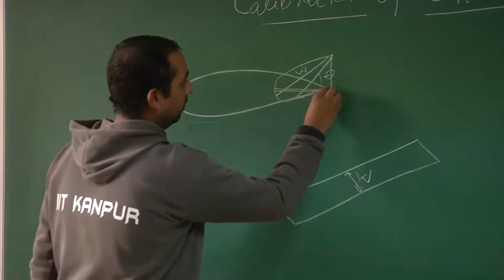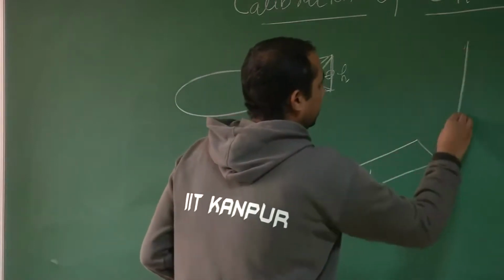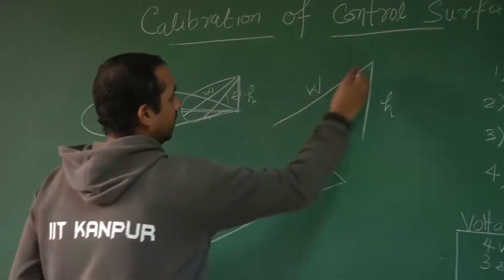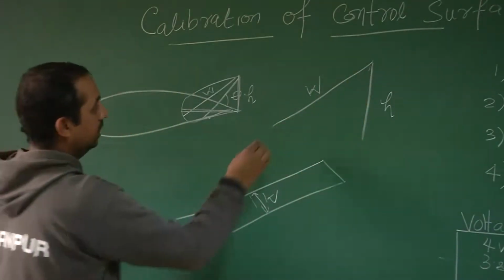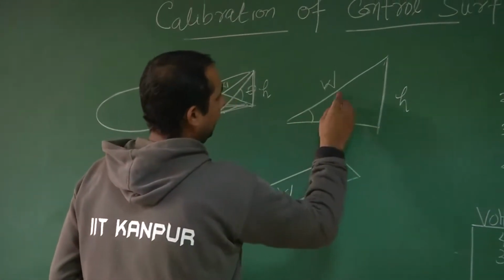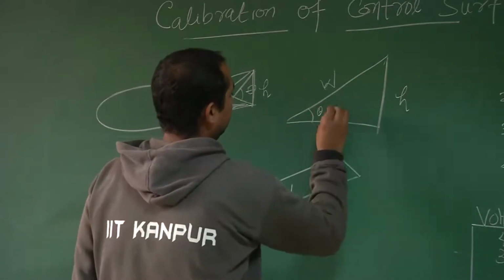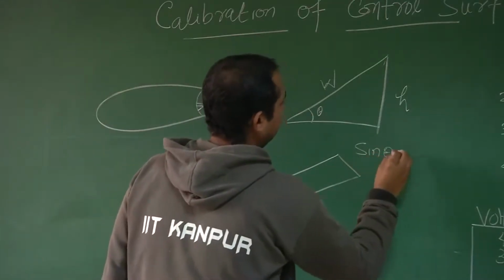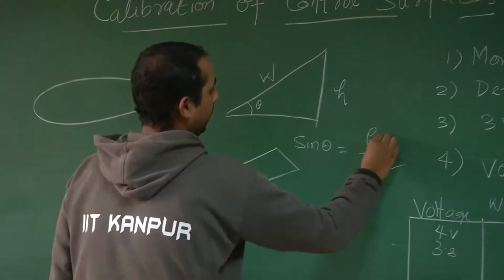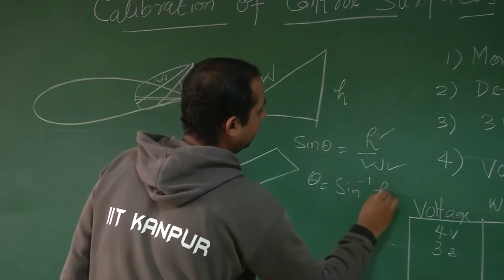This was my wing, this was my equilibrium point, and the distance, say h. You know h, and you know W, because this will always be constant since it is of uniform width, and the width doesn't vary when changing your angle. So you can calculate the angle of deflection using sin theta equals h by W, where you know W and you know the height, so theta will be sin inverse of h by W.